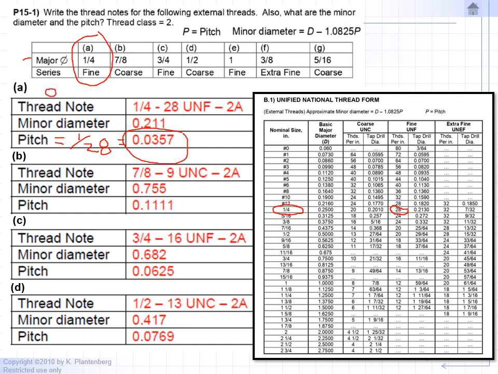Okay, so minor diameter equals the major diameter. So here's the major diameter. Okay, so major diameter is 0.25. So all we have to do is go over here to the chart to the right. Major diameter is 0.2500. So we're going to go ahead and write that in. 0.25 is our major diameter.